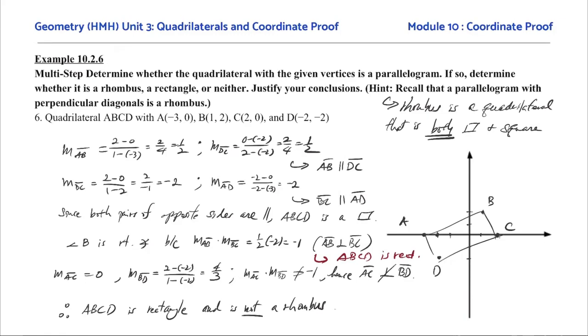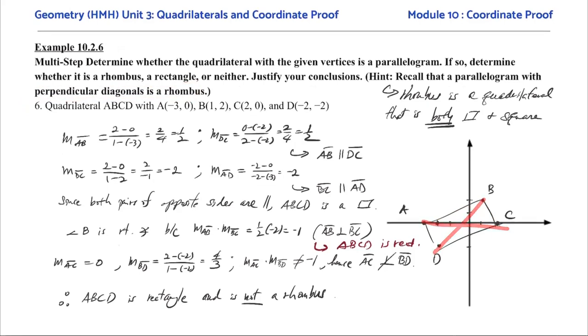Now, looking at the picture, clearly these two lengths are different. It's probably not a rhombus, but this question suggests that we find whether the diagonals are perpendicular, right? So we should go ahead and find the slopes of these two. As it turns out, AC is 0, clearly, and BD, when you go through the calculation, is 4/3.